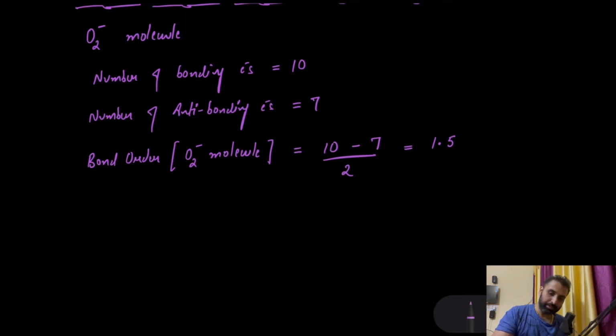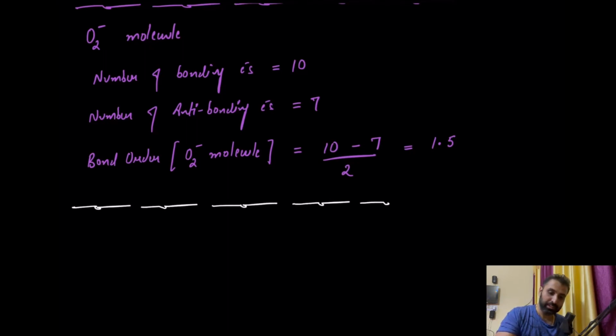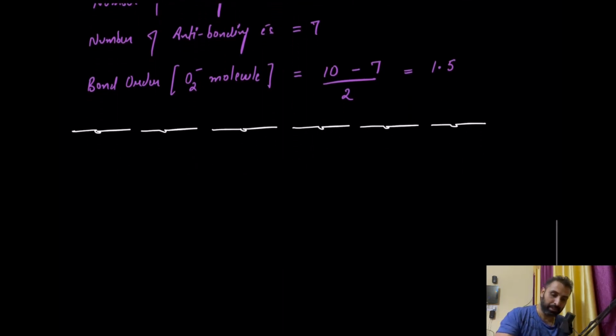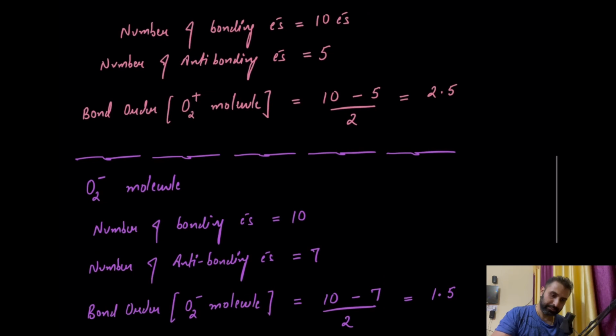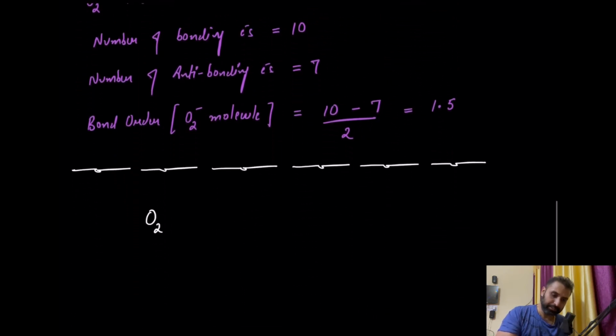So now I am arranging the strength order of O2, O2 positive and the O2 with the negative charge according to the bond order. For O2 positive we got the bond order of 2.5.